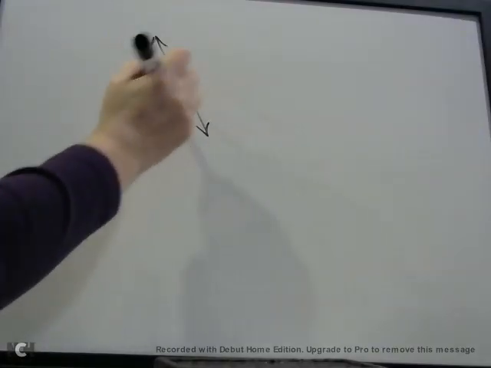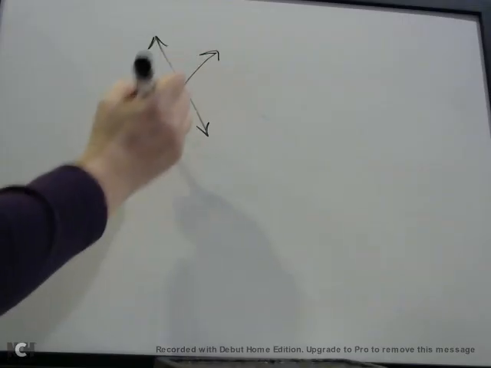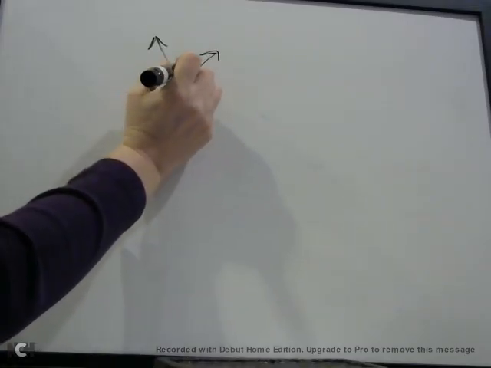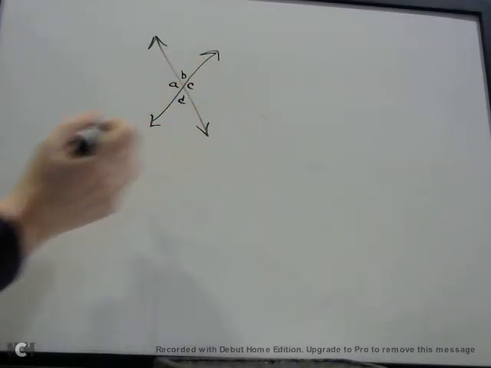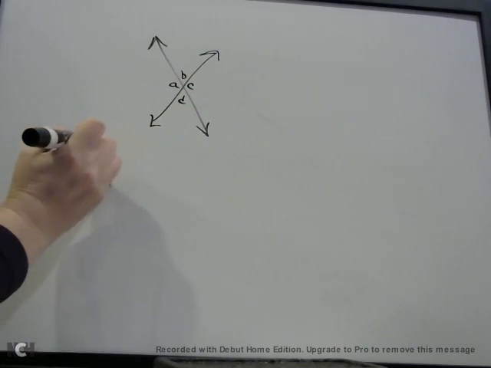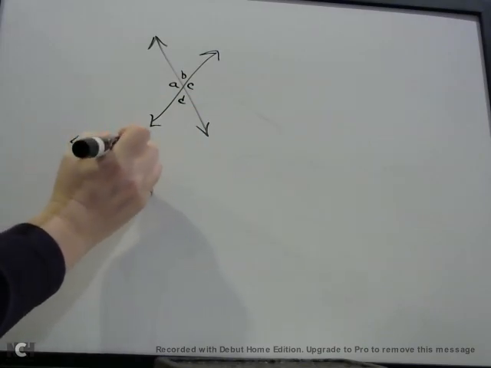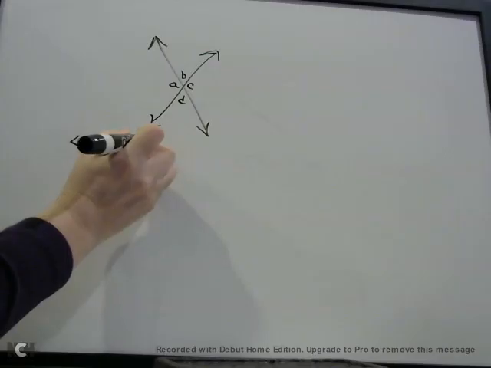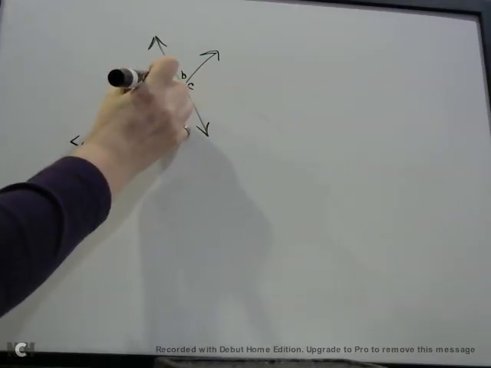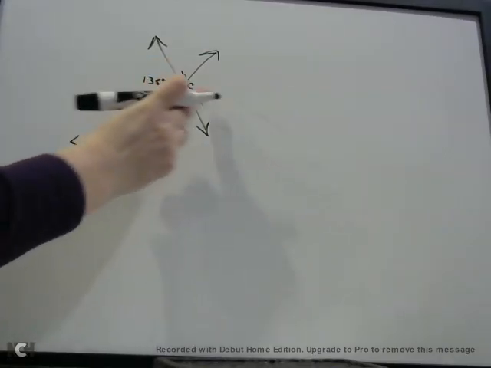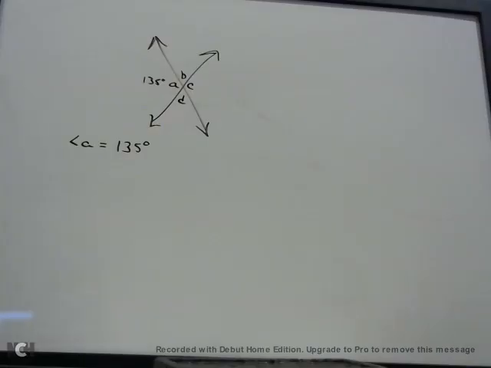Once they give you one angle, you can figure out all the rest. So let's say we have a picture like this. We label the angles, and they say angle A is 135 degrees. You can now figure out what all the other angles equal.